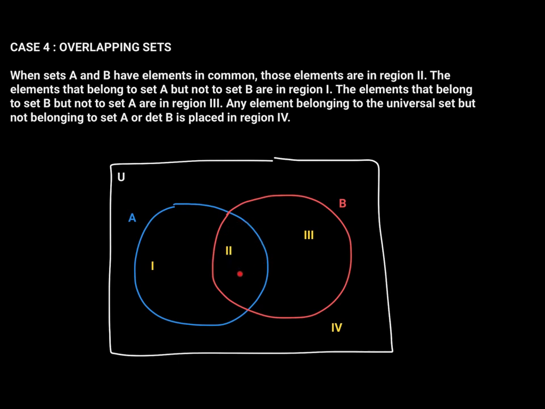The elements that belong to set A but not set B are in region 1. And region 3 holds all of the elements that belong to set B but do not belong to set A. Then any element that is neither in set A nor set B but is still part of the universal set is placed in region 4.